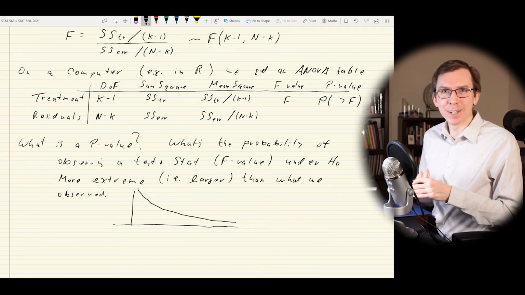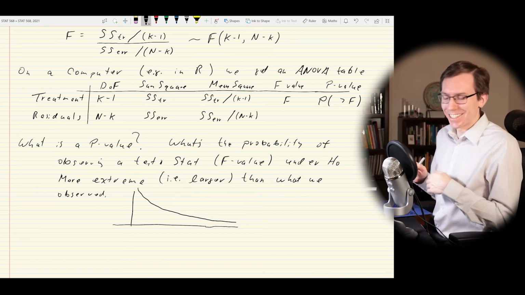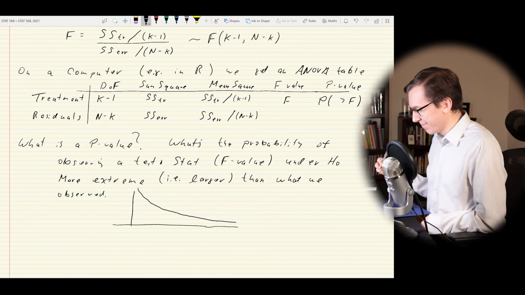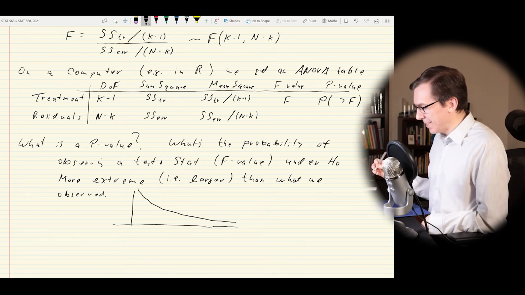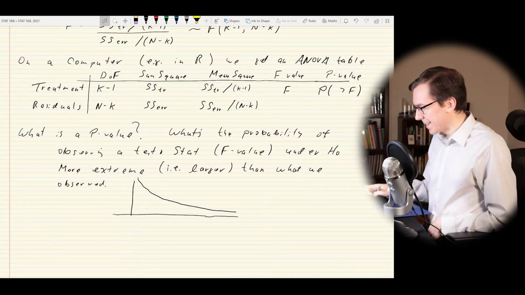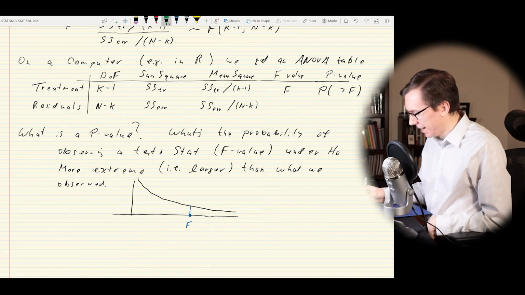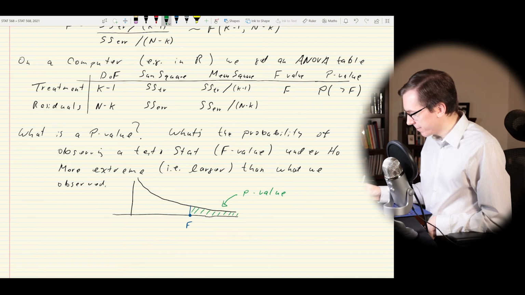And I'm certainly going to be examining you on those degrees of freedom, so make sure you learn those. Let's assume the F distribution looks something like this. Then we have an observation value F here, and what I want to know is the probability that I would see something out here. In green, this is the p-value.